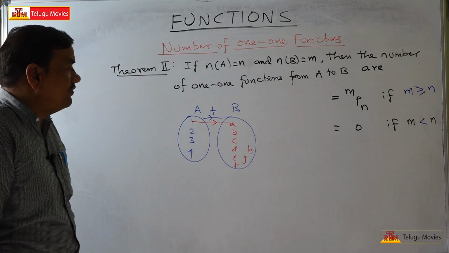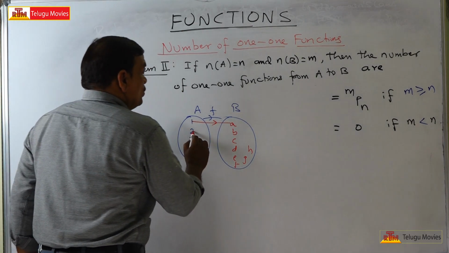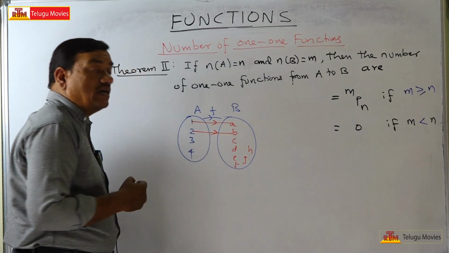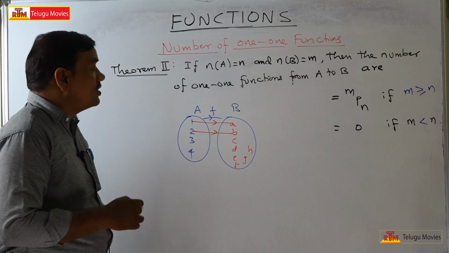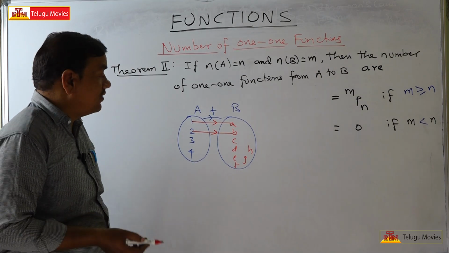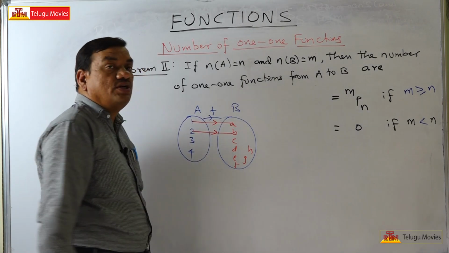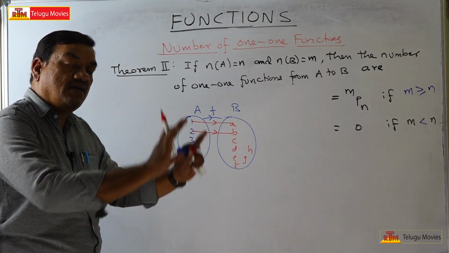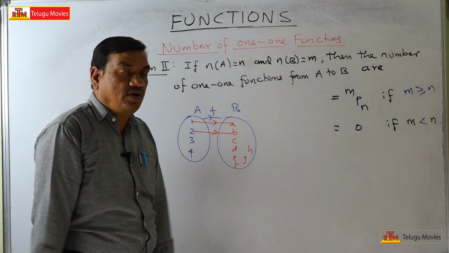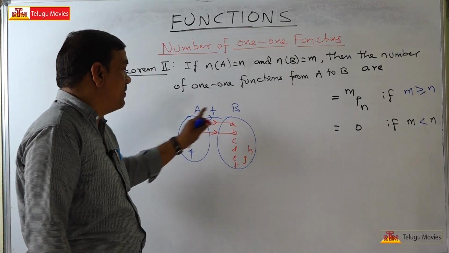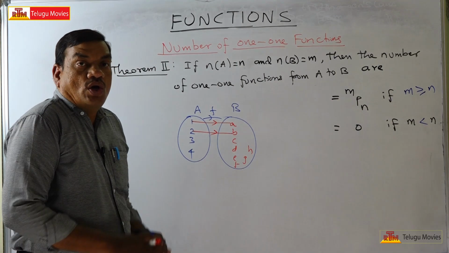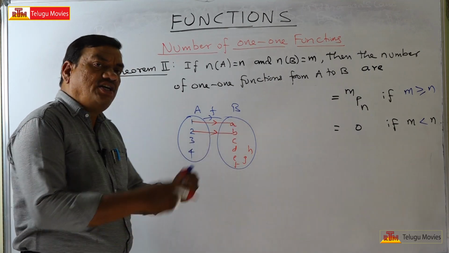And 2 should be associated with either b or c or d or e or f or g. Understand this? 2 cannot be associated with a. Why? Because already the berth a is confirmed. Berth a is confirmed by the passenger 1. You cannot confirm a again. Already it is over.